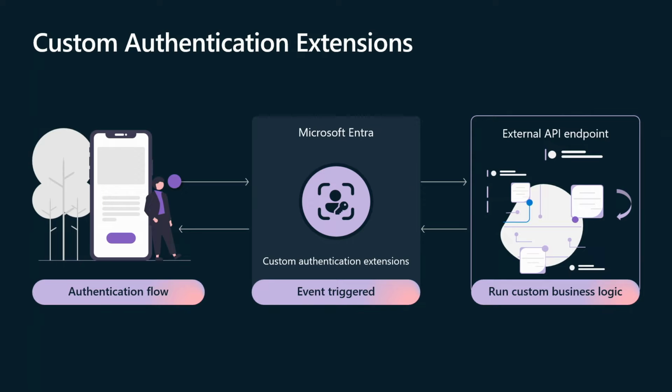There's no dependence on Microsoft infrastructure per se, but of course we'd like to make it run well on Azure. And then once you invoke your own code, there's an API contract. I'll show an example of that in a moment. And you return some data that then modifies how the authentication flow works. Like you could stop sign up if you detect bad activity. You could augment the token. That's the example we'll take a look at now.